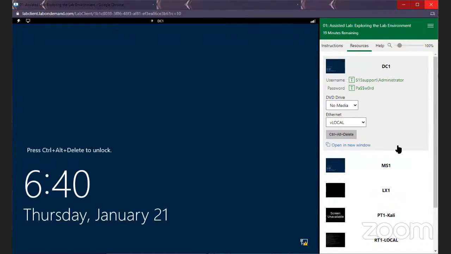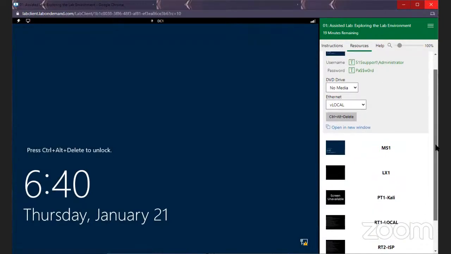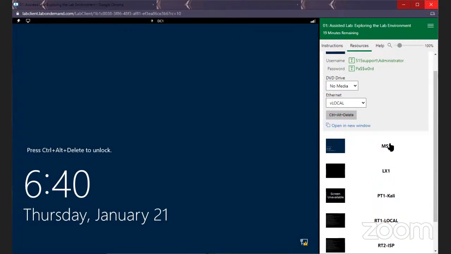So we have a domain controller, and then we have this MS1 server, which is a DHCP server. It actually has a few other roles, but we won't go into that today. So right now, one of the services on MS1 is DHCP.